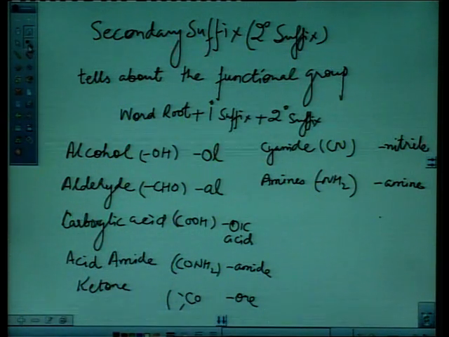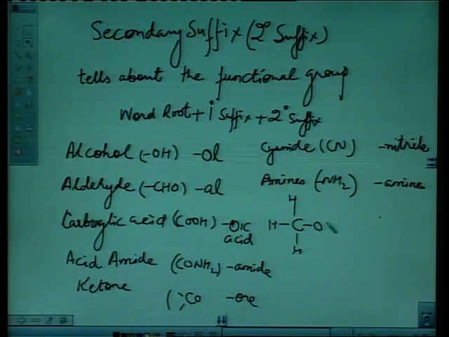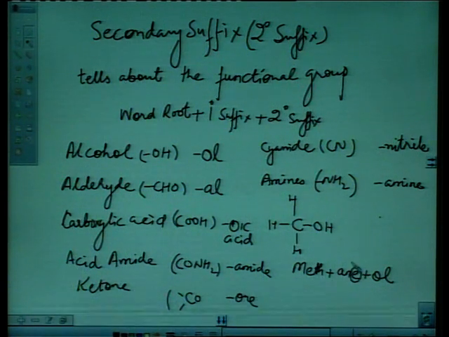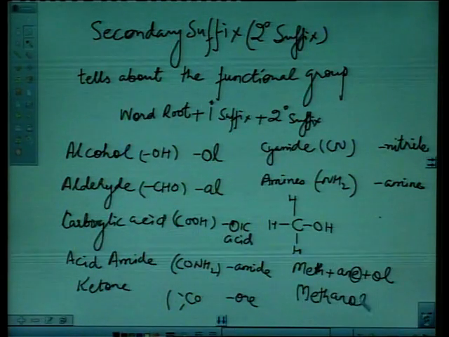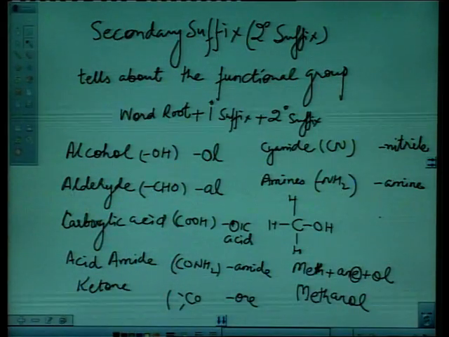So accordingly, if I write this compound, the word root for one carbon is meth, and ane and ol. Meth plus ane plus ol. The e of ane is omitted and the name is made methanol. So ol is the secondary suffix.